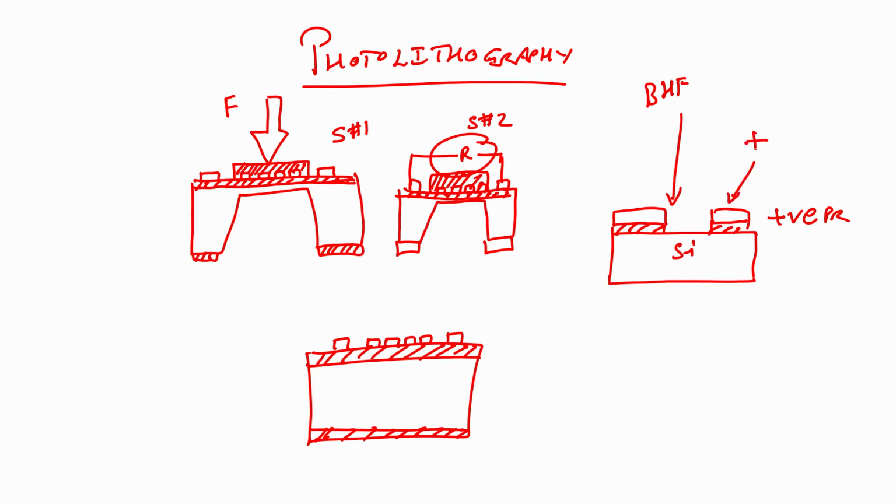We have a positive photoresist and here we have silicon dioxide. If you have observed, the oxide from the back side also gets etched because it is not protected with positive photoresist. Next, we will strip off the positive photoresist, which can be done using acetone. That means if I dip this wafer in acetone, I will have this particular pattern.